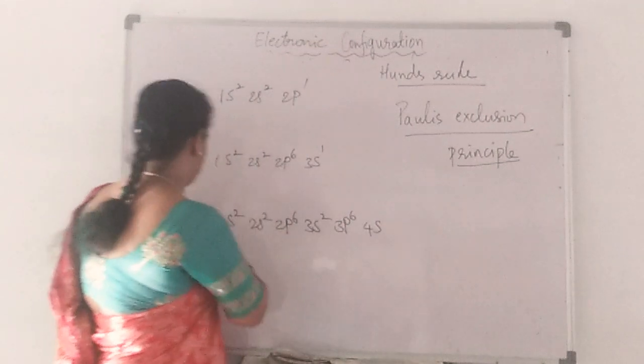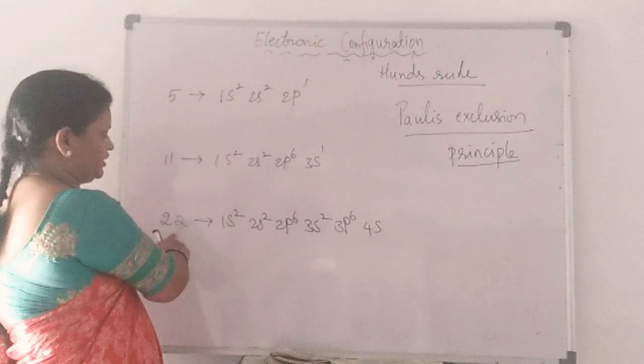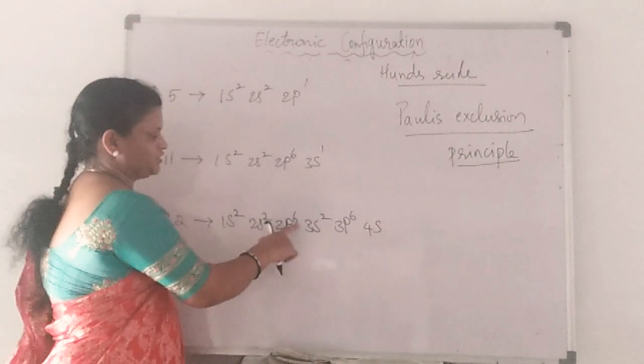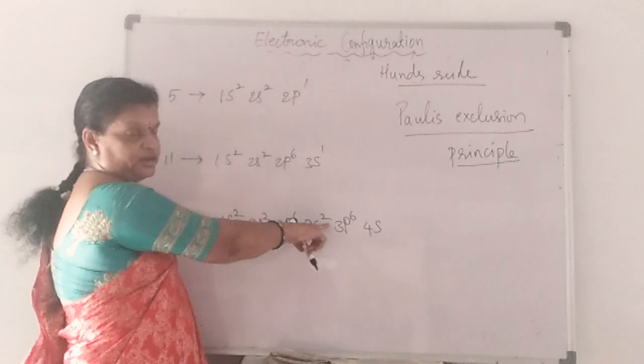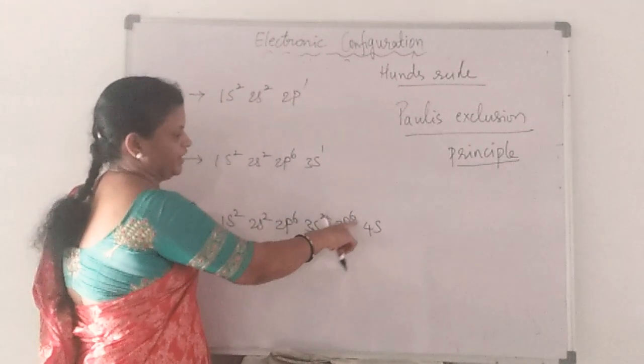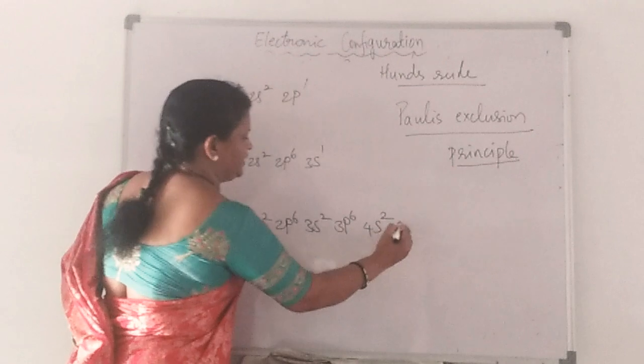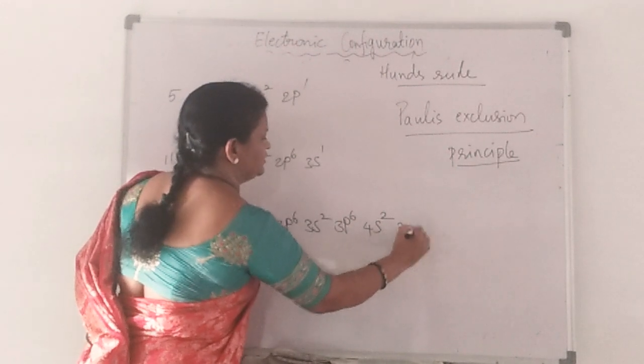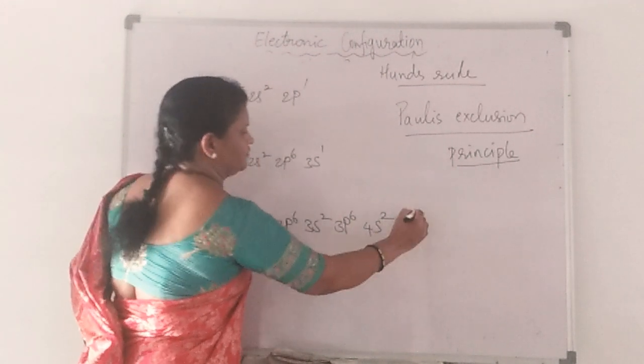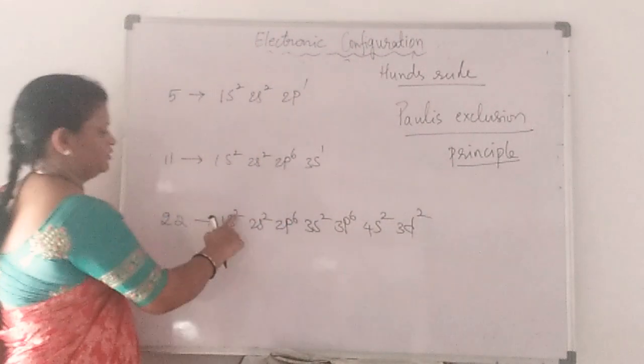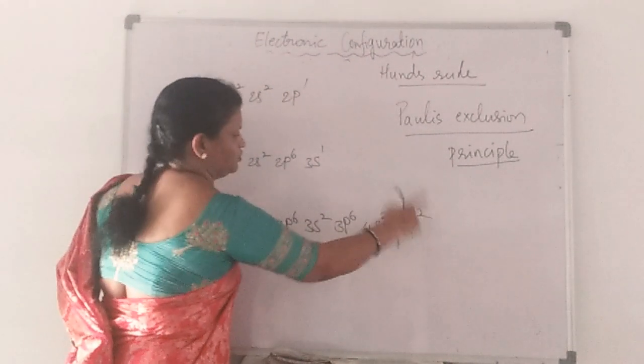Next 4s. How many electrons are there? Here total together 22. 2 plus 2, 4 plus 6, 10. 10 plus 2, 12 plus 6, 18. 18 plus 2, 20. After 4s is completed, 3d, 2. 20 plus 2, 22.